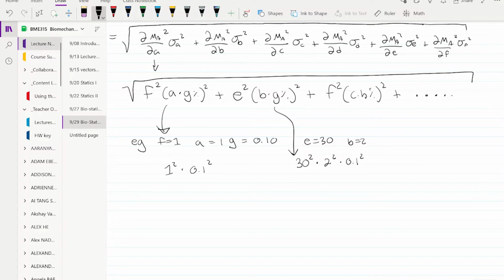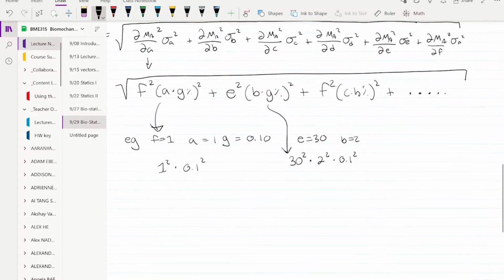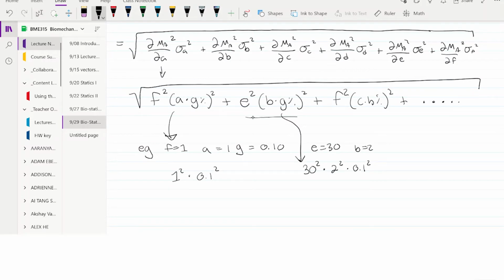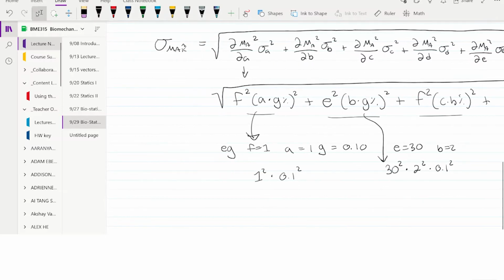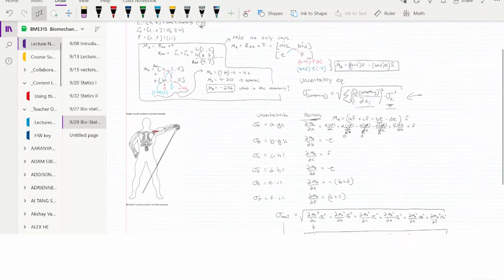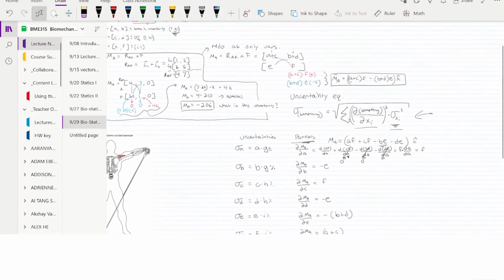So that's that one. Yeah, and then after you get all of these, you sum them all together and you square root it. And that's your answer for sigma MA in the K direction. All right, a lot of work, but it's really easy stuff, right? It's easy work.